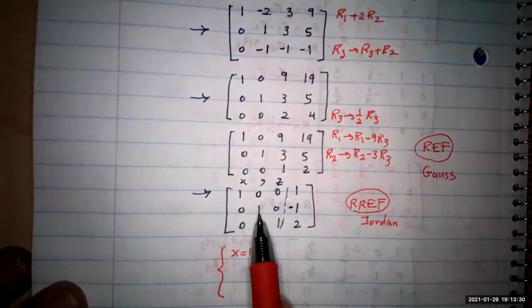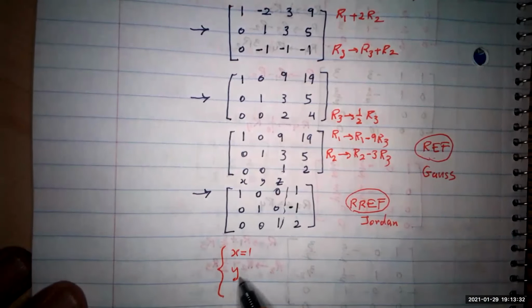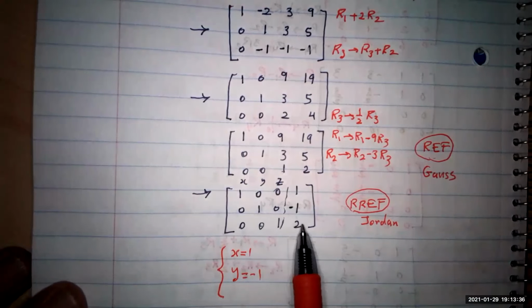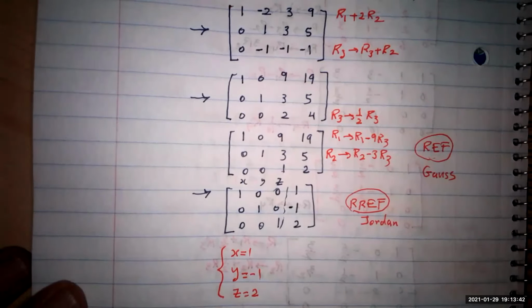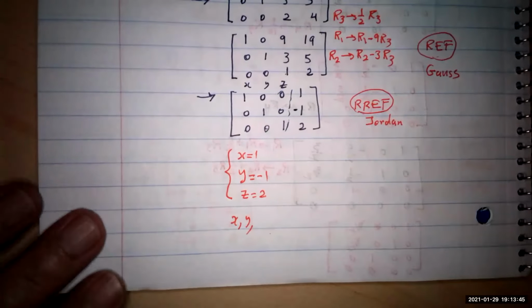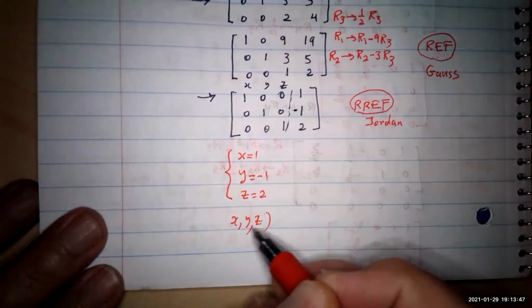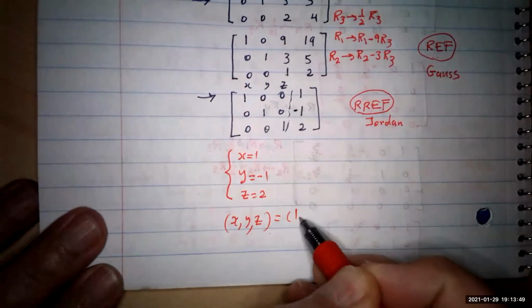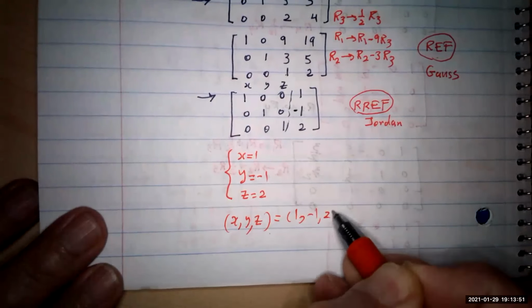From the second one, 1y equal to negative 1, so y would be negative 1. And from the last one, 1z is equal to 2, so z equal to 2. So the solution of the system (x, y, z) is simply equal to (1, negative 1, 2).